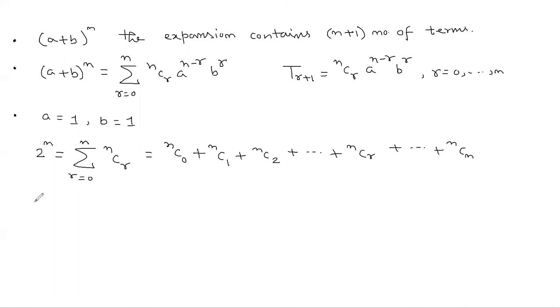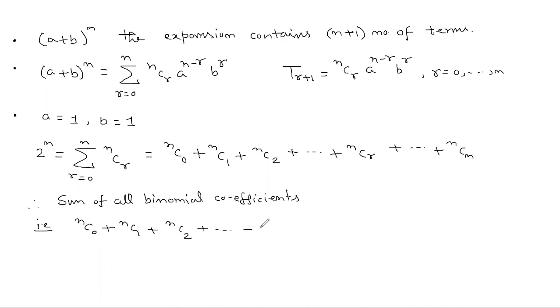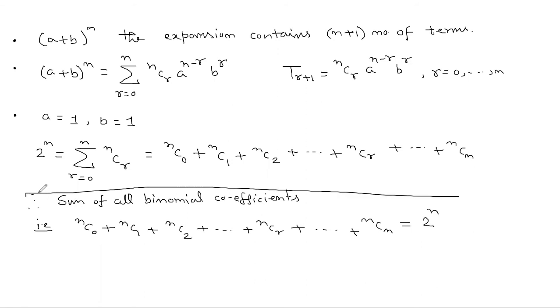So what is the sum of all binomial coefficients, nC0 plus nC1 plus nC2 plus nCr plus nCn? What is the value? It is always 2 power of n. So this is the observation we are getting, which is very important.